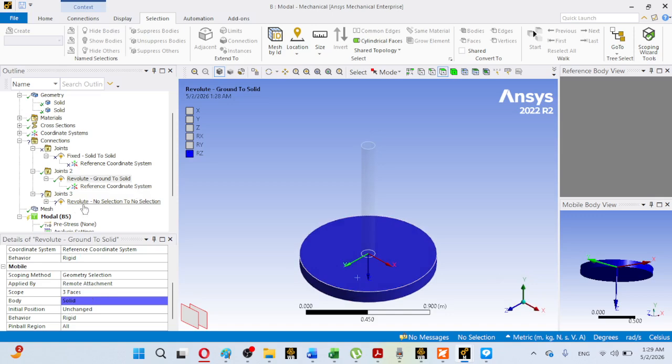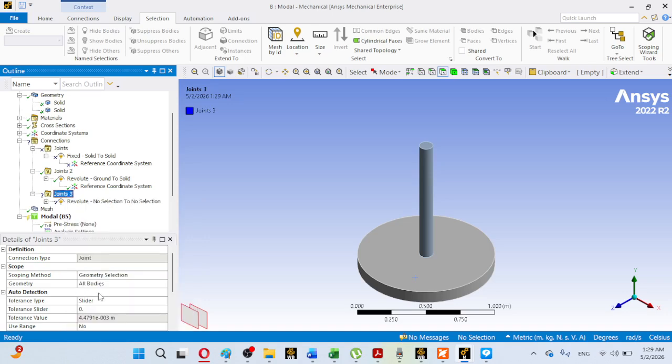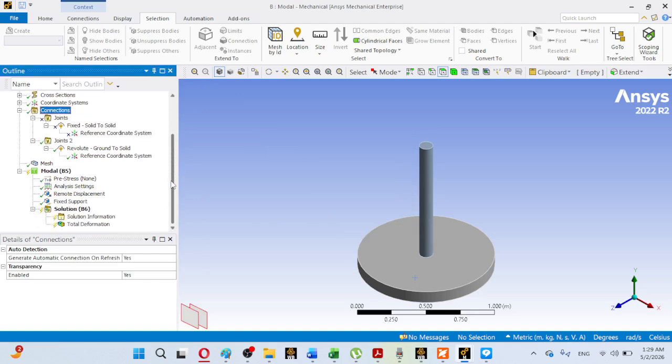Like this. Now I am deleting this joint, because I had used only this joint to make you understand, just for demonstration purpose. So now I am deleting it so that it does not affect my analysis.